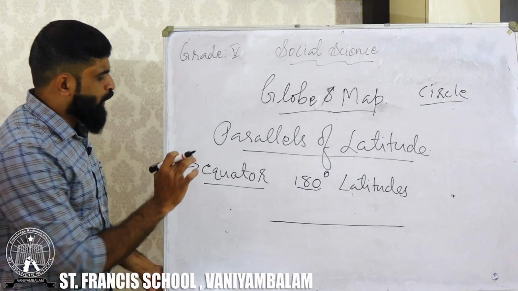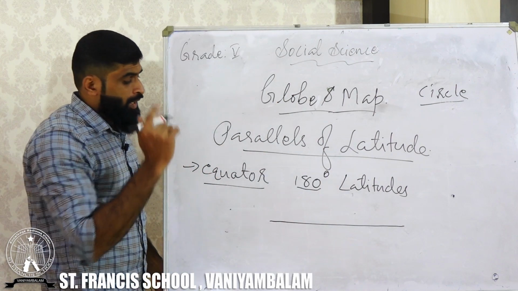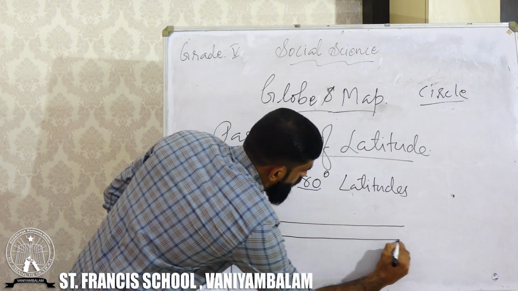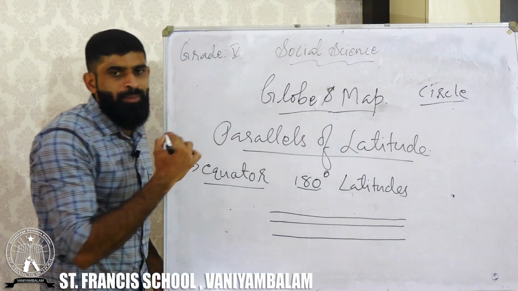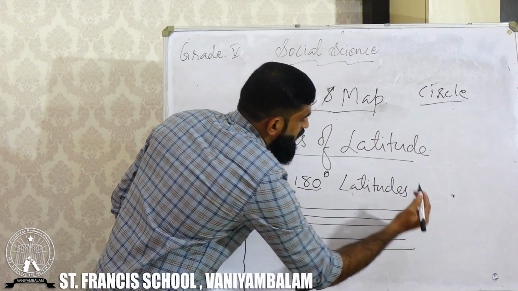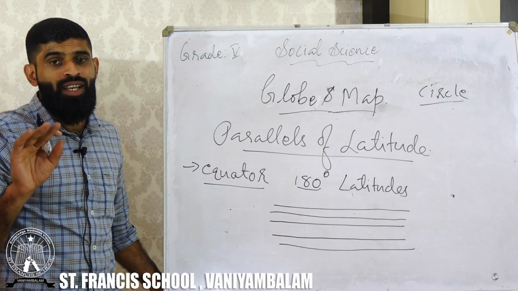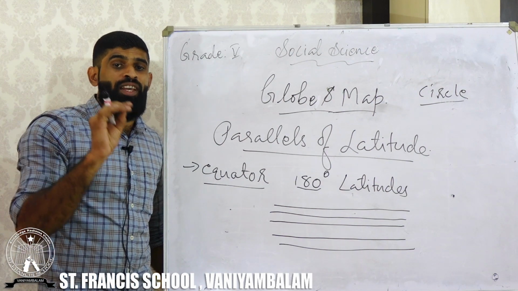If we have drawn the 0 degree latitude in this shape, the 1 degree latitude will also be drawn in the same manner. 2 degree also, 3 also. And 180 degrees of latitudes are there. All those latitudes will be drawn in the same manner.